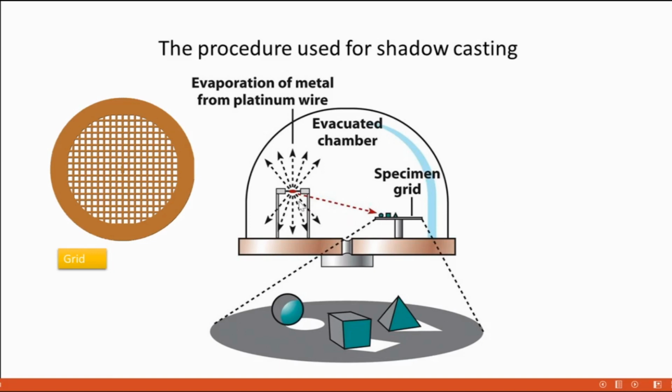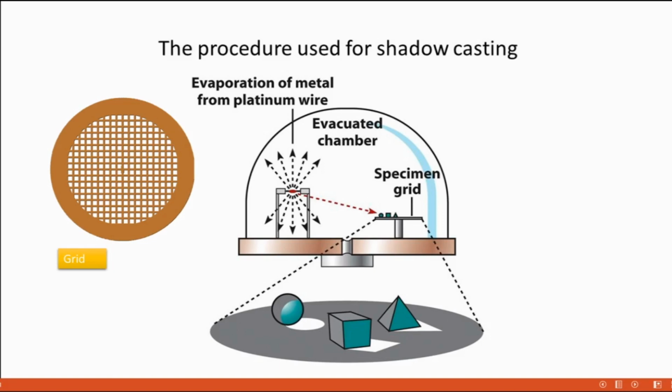What's happening here? On heating, the filament gets evaporated and a metallic substance is coated on the surface of the specimen that is facing towards the filament. The other opposite side remains uncoated.